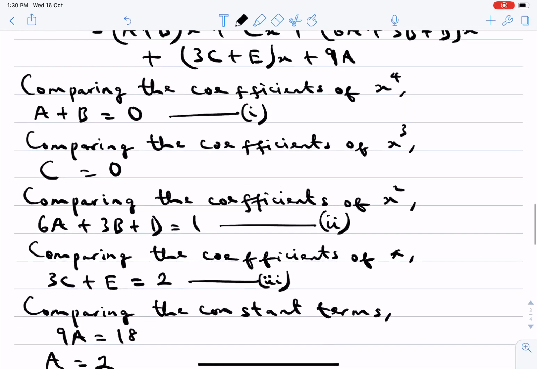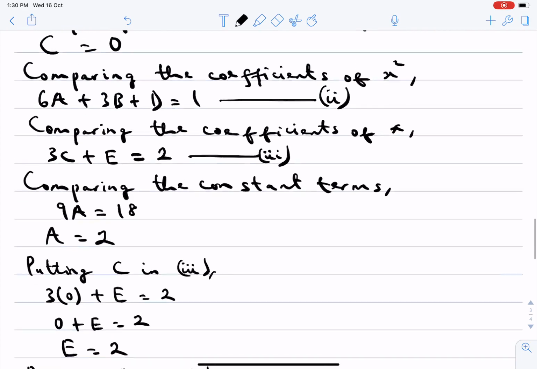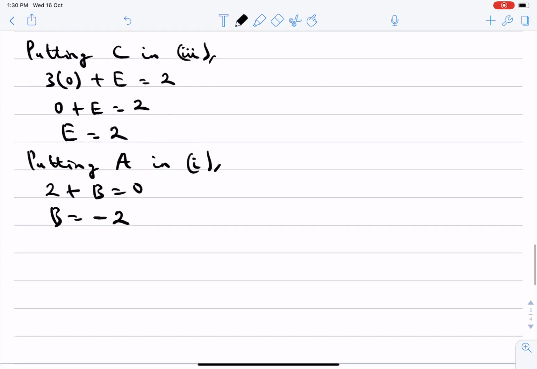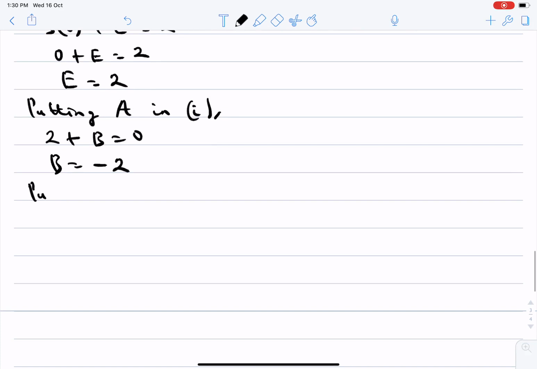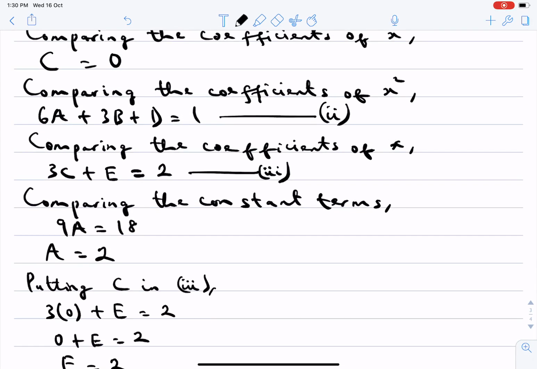What am I left with? I'm left with d. Putting a and b in equation 2 to get the value of d.